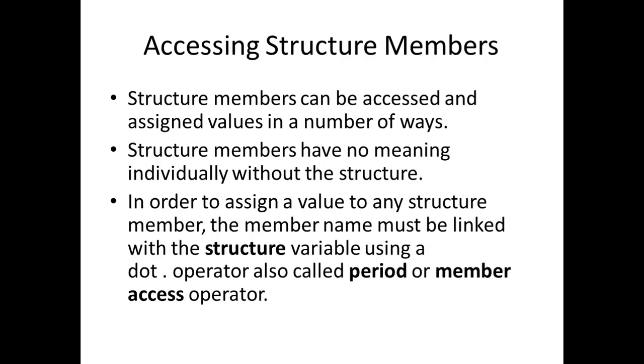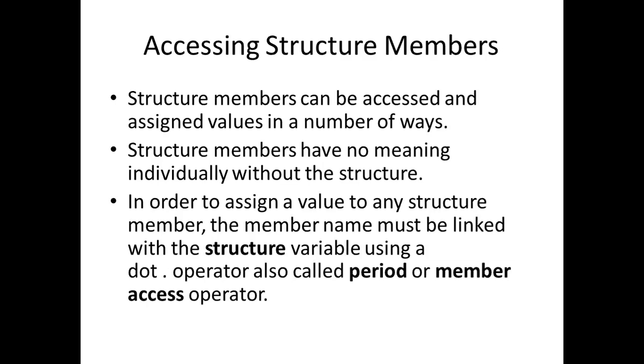Structure members can be accessed and assigned values in a number of ways. Structure members have no meaning individually without the structure. In order to assign a value to any structure member, the member name must be linked with the structure variable using a dot operator, also called a period or member access operator.